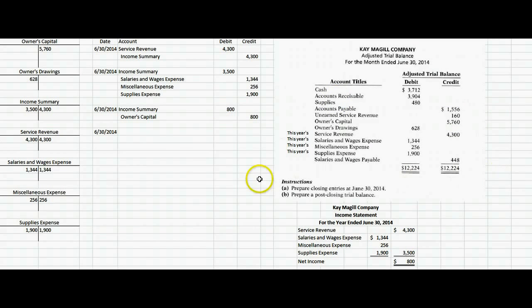So sure enough, let's take this $800 credit balance in income summary and move it into owner's capital. So if it has an $800 credit balance, to make it zero, we're going to debit income summary for $800. And then let's credit owner's capital for $800.